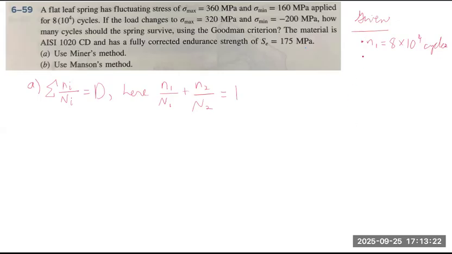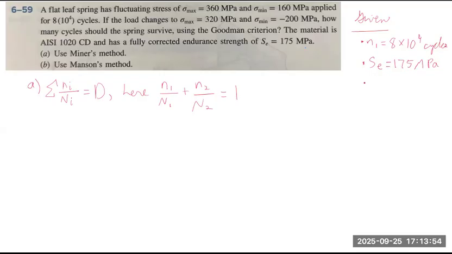We're also given that sigma max for cycle 1 is equal to 360 megapascals, and for cycle 2 is equal to 320 megapascals. And we're given that the fully corrected endurance strength is SE equals 175 megapascals.